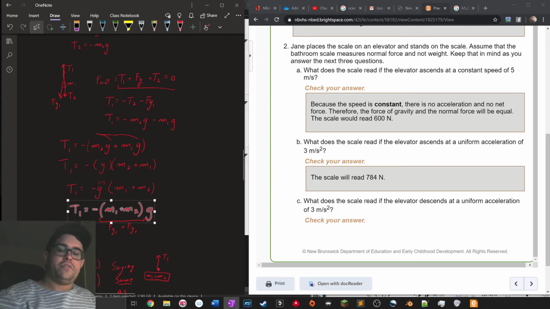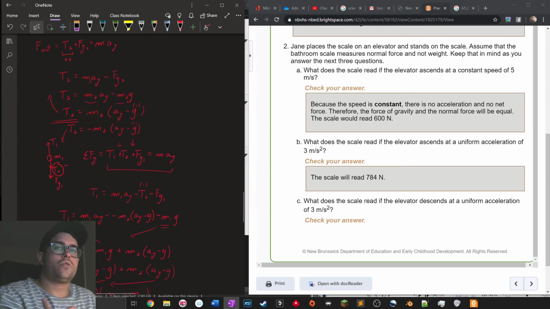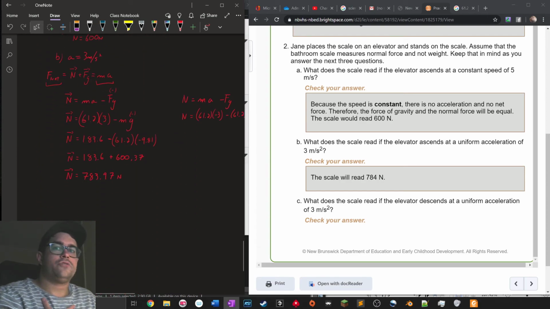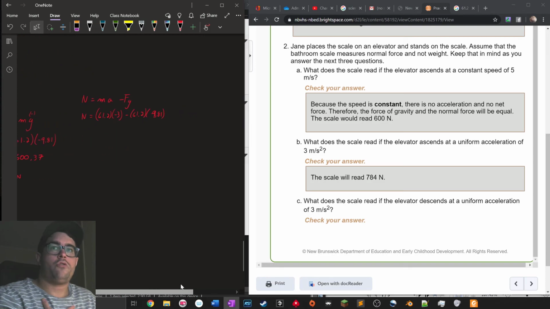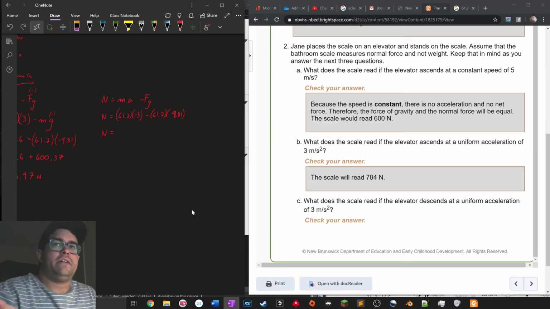Maybe it wasn't our place to take this formula and assume that the two masses are working together and assume that the tension is the normal force. But clearly, when we do the math, we will extrapolate that idea that we're using the same formula. This is M, A, and G from that formula.